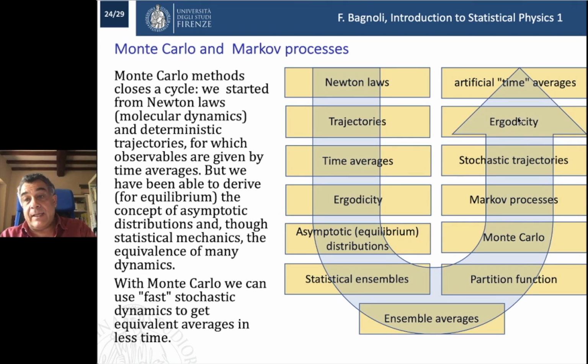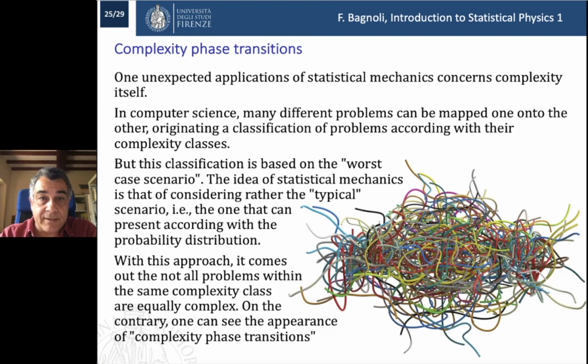And so, again exploiting ergodicity, we have these artificial time averages using Monte Carlo and get the computation of properties of the system in a much faster way.